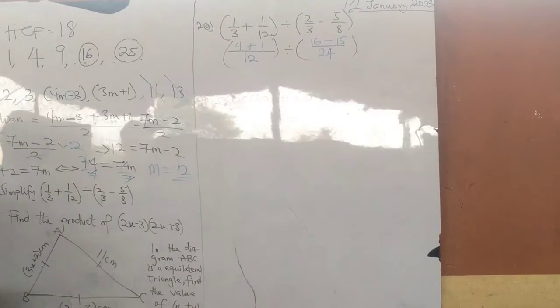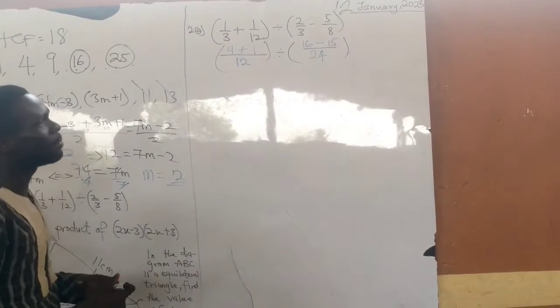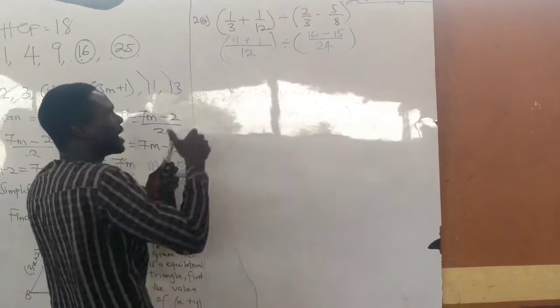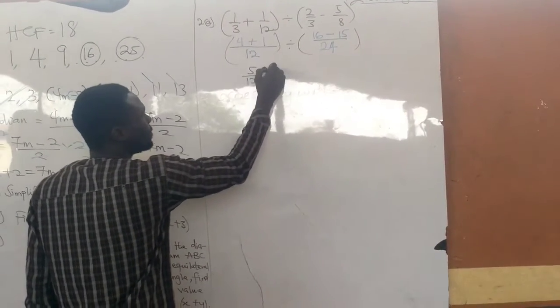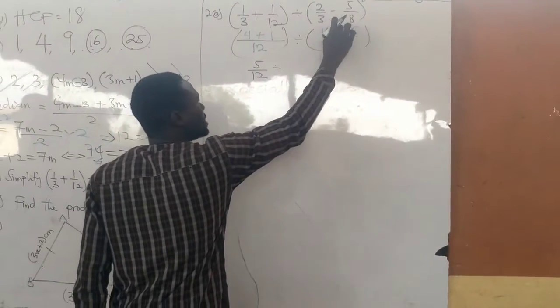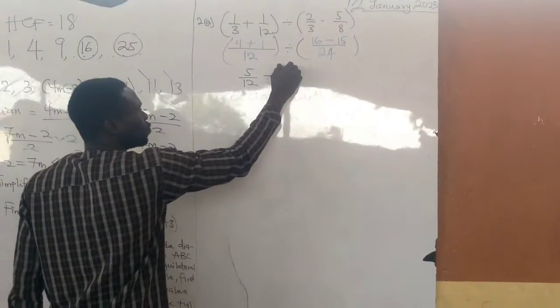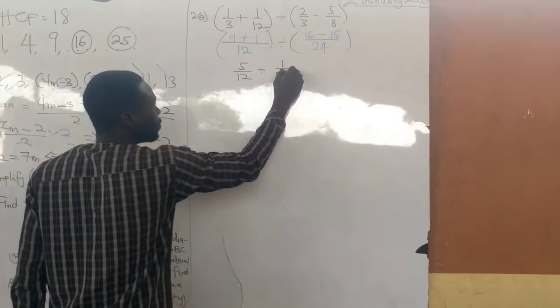So from there, what do we do? Put the numerators together. Putting this together will give you 5 over 12, divided by 16 minus 15 is 1, over 24.